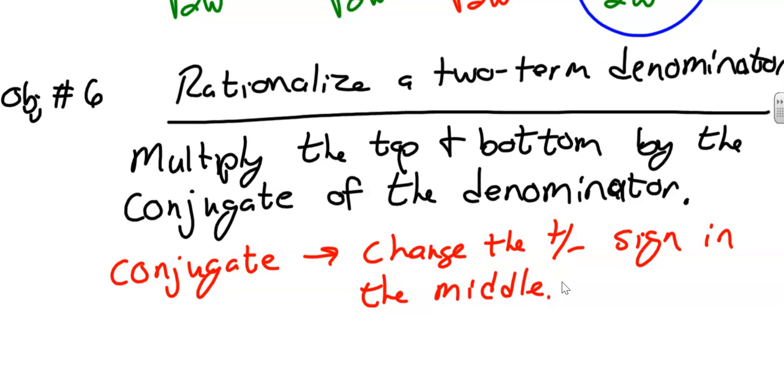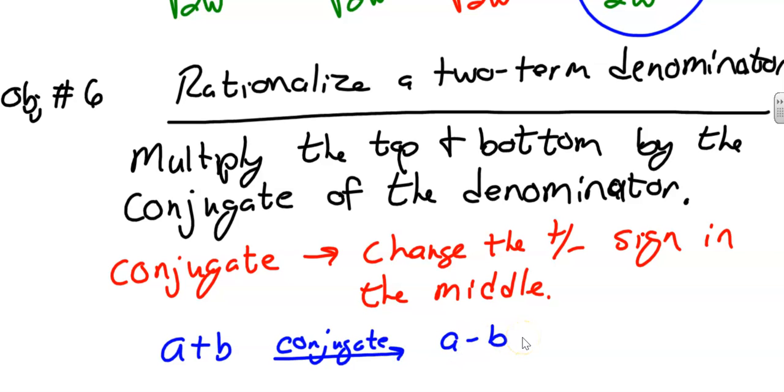So that's all you do for the conjugate. So if you want to think about it without square roots and all this stuff, if you were given a plus b, and they said find the conjugate, it would just be a minus b.